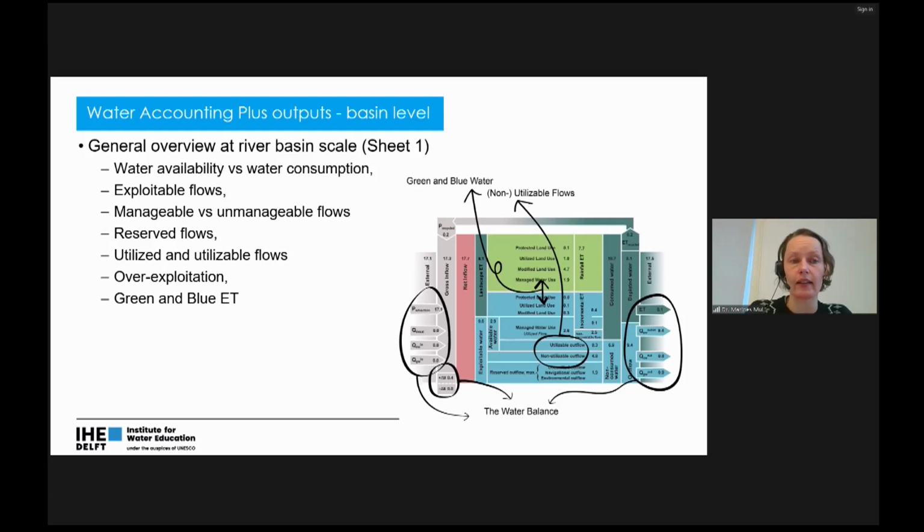We look also at reserved flows, for instance, for environment or for navigation, how much of the flows is utilized and can still be utilized, whether there's an overexploitation in terms of also change in storage. And as I said, there's an interest in the blue and green component of the evapotranspiration.